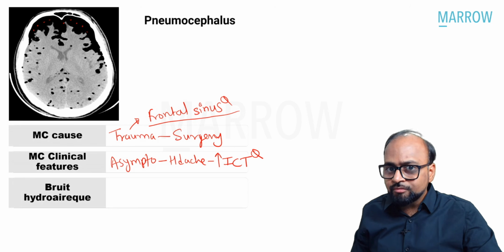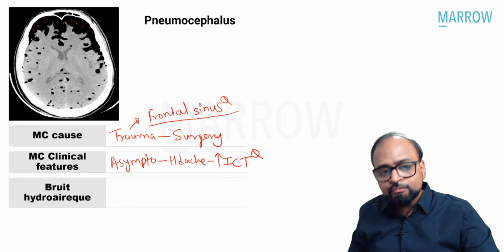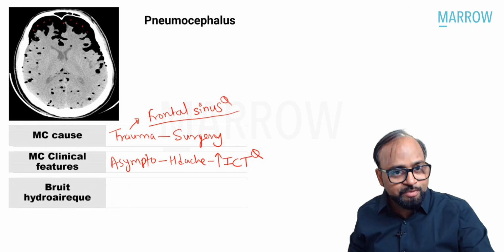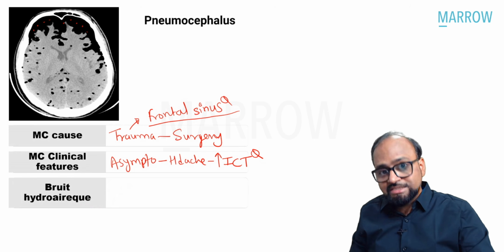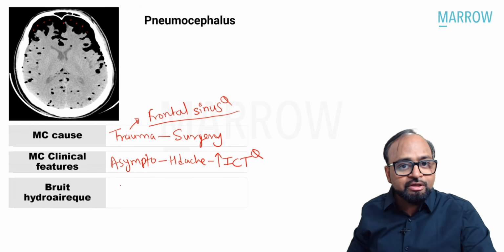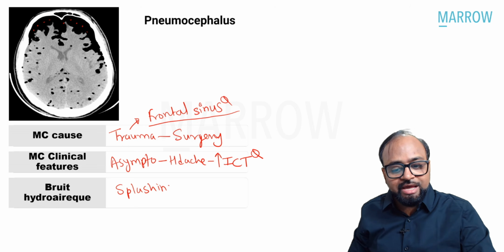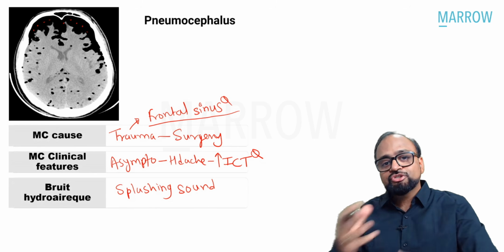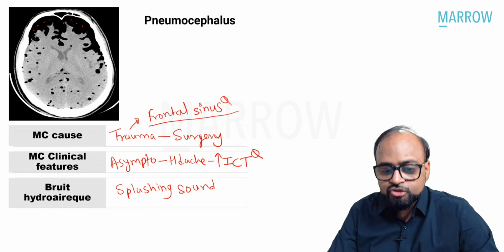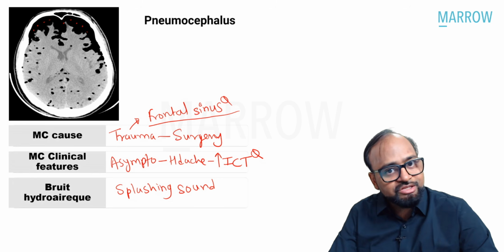There is a term called Bruit hydroaerique, which means when there is a lot of air inside the cranial cavity, in the subarachnoid space which also contains CSF, if the head of the patient is moved and you auscultate, you may hear a splashing sound because of the admixture of air and CSF when the head is moved. This is called Bruit hydroaerique.